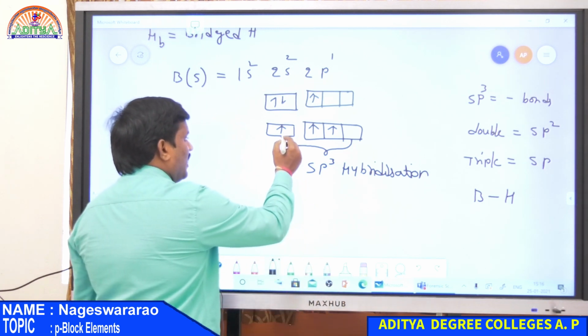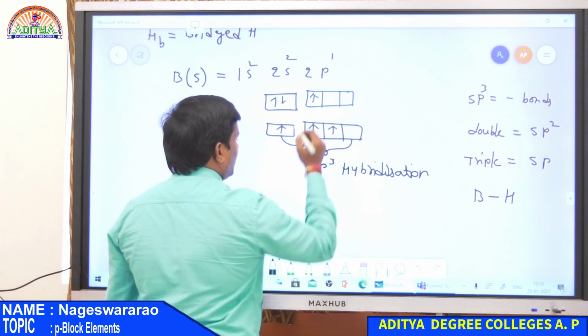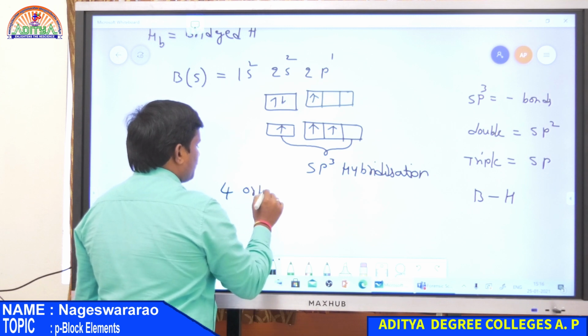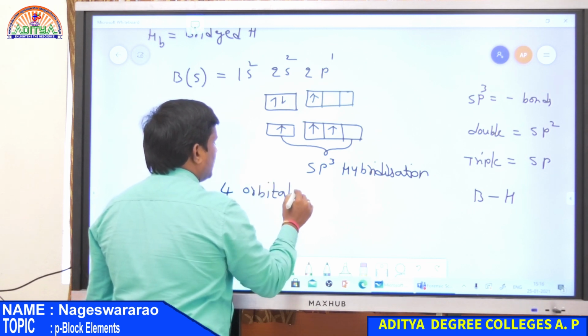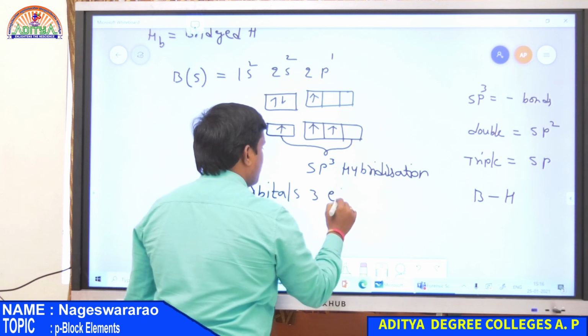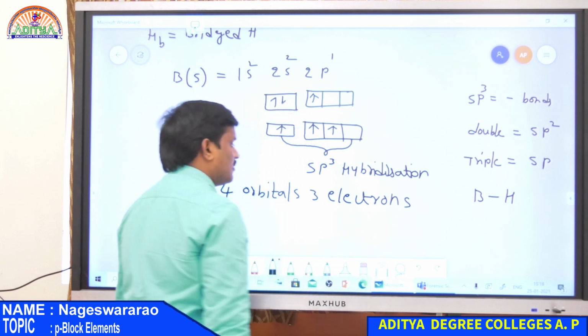So 1 orbital from the s orbital and 3 orbitals from the p orbital, so totally there are 4 orbitals. 4 orbitals having 3 electrons.